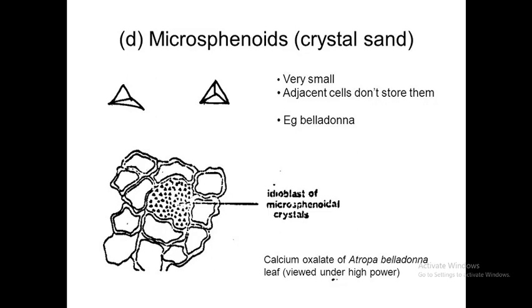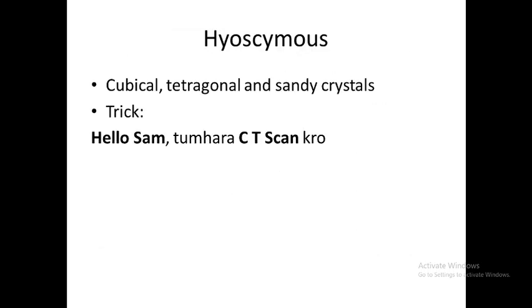Examples we have already discussed: the belladonna plant, biological source Atropa belladonna, which consists of tropane alkaloids. Next, the last one, the hyoscyamus plant. Again, this belongs to a tropane alkaloid-containing plant.